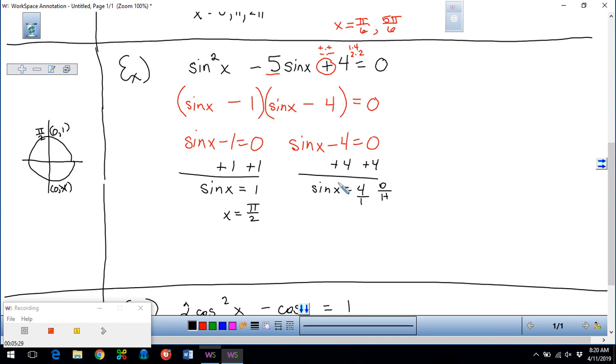So you cannot have sine of x equal to a number bigger than 1, so this part has no solution. So our only solution to this equation is x equals pi over 2. Go ahead and pause, finish copying this example, and we'll move on to the last example.